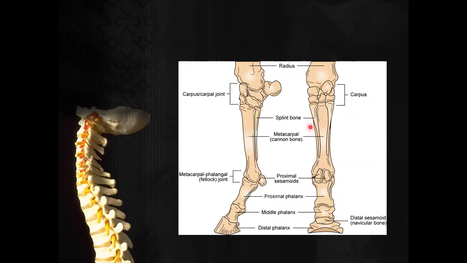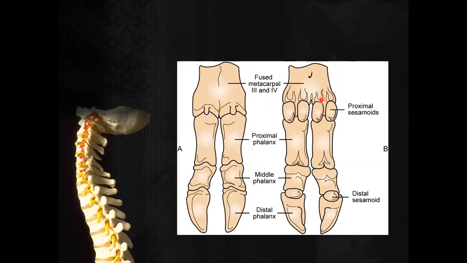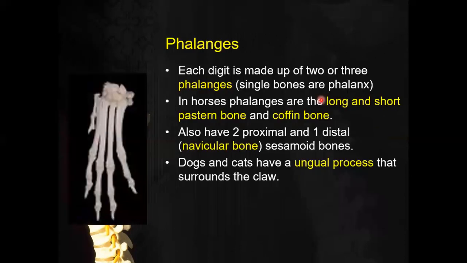And then here we have the splint bones, splint meaning support, and those are the remnants of 2 and 4. And there's just a pig. And then, of course, your phalanges.